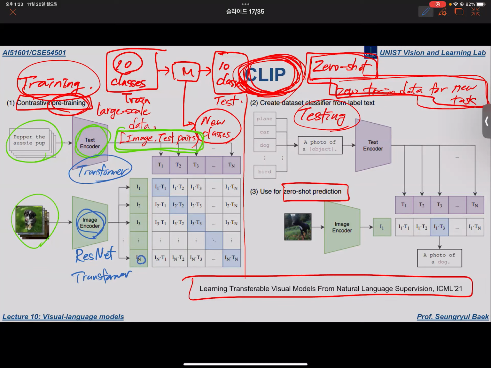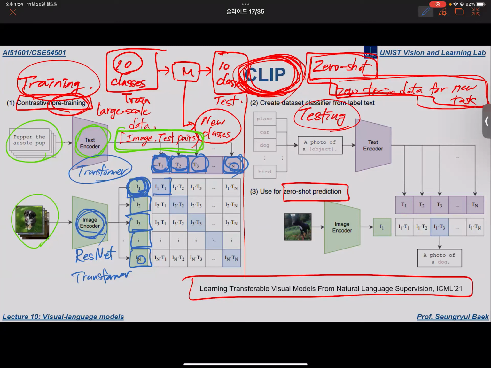And what they did is, there are n images in a batch during the training. Then we first get n image features from this image encoder, right? And we get n text encodings from the n texts. Then we dot product each image feature with the n text features.